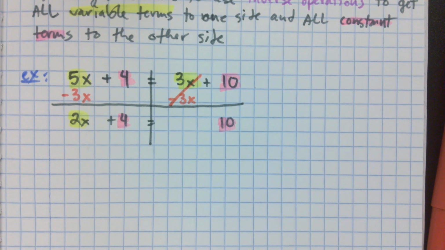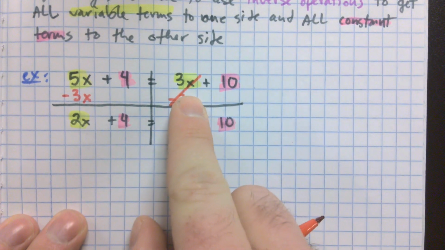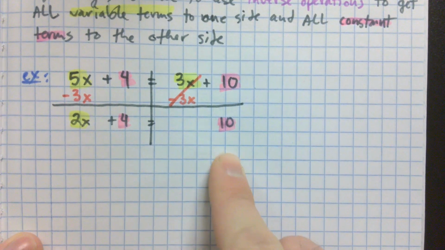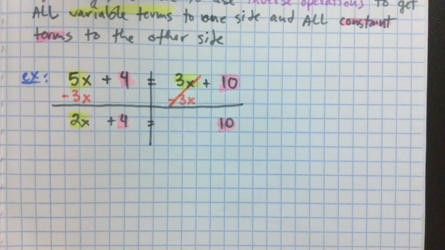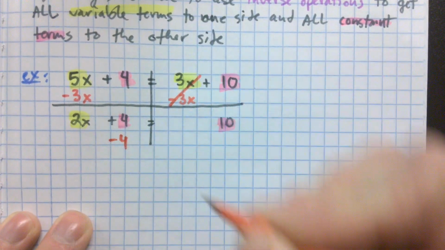Now I've got one single variable term on the left. Any ideas on what I can do now? Subtract 4. We brought that yellow term over to the left. Let's do the opposite and bring this pink term over to the right and join it up here with that 10. The opposite of plus 4 is minus 4.